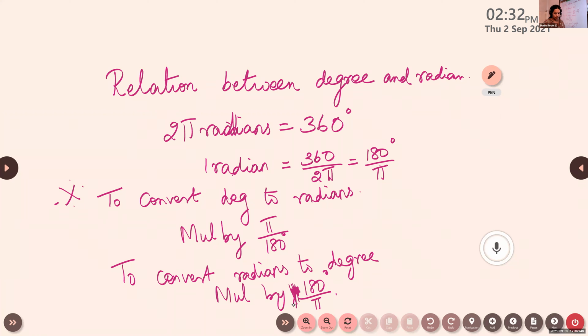How to convert and all, when we do the problems, it will be more clear. So now take your textbook. Read your textbook, page number 49. Start reading what we discussed. It is given there. Mark all the important points, up to page number 52.